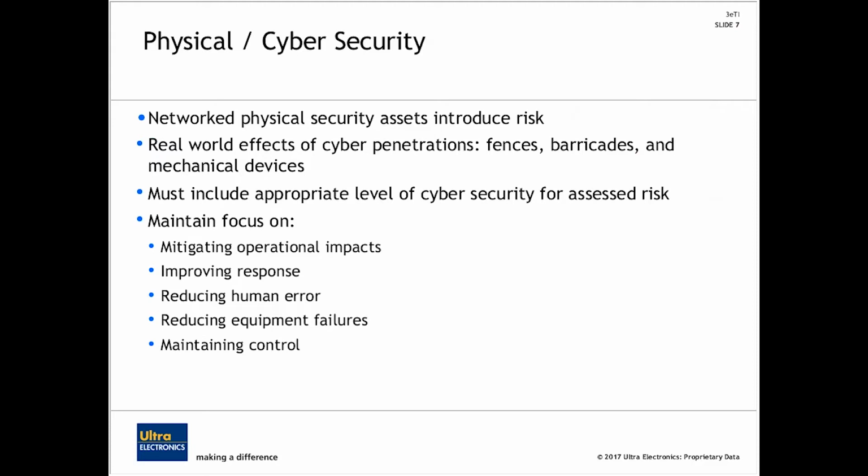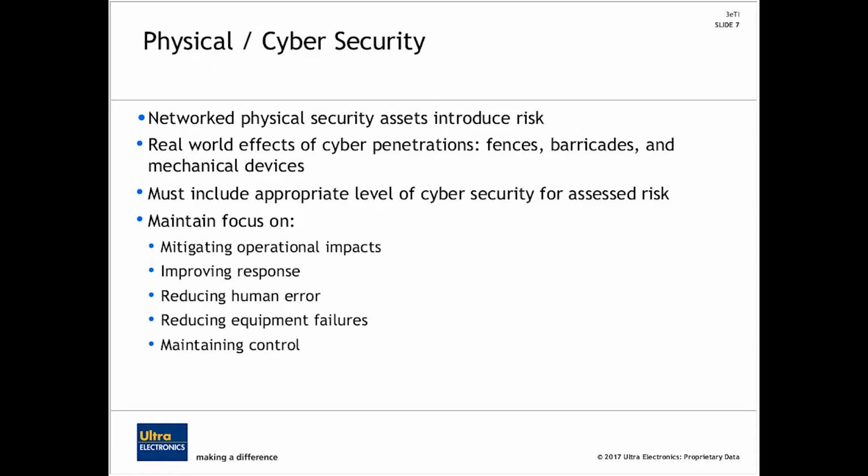So when we talk about physical cybersecurity, it is about this notion that once you network a smart gate, its surface area for attack is dramatically increased by things on that network and things on associated networks. So protection of that network now is vital to ensure that those physical security assets function as desired.